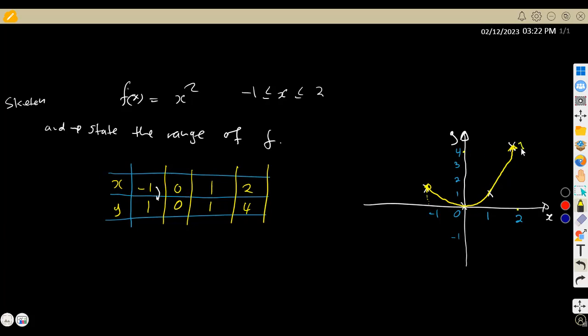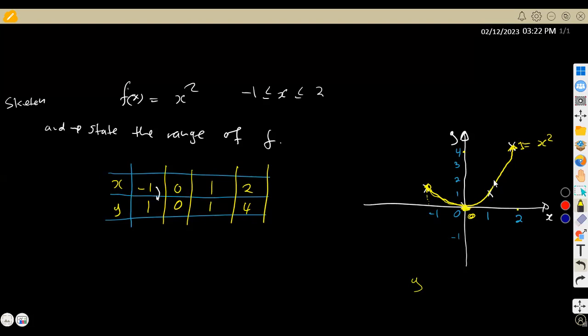So now if we are asked to determine the range of this function, it means the values of y will be limited, so we ask what the maximum and the minimum values of the function are. At this point our y is at 1. It goes down to where y is equal to 0, so that's the minimum value that we can have.